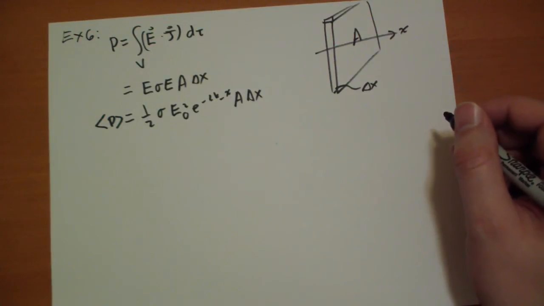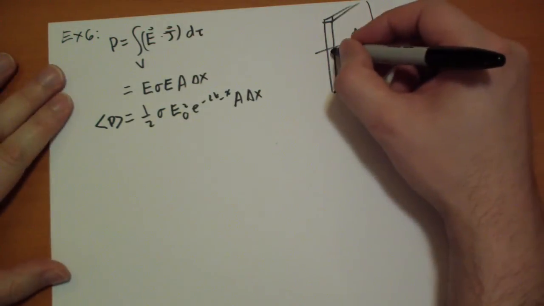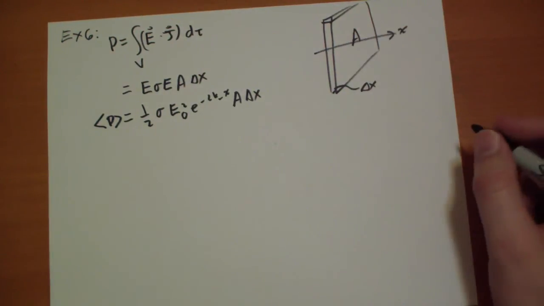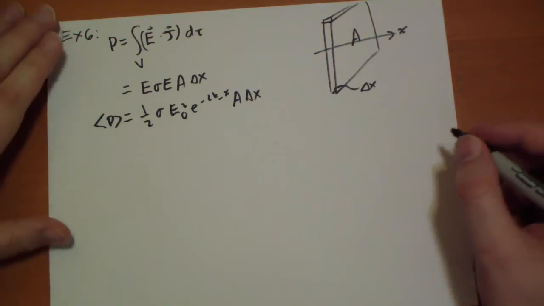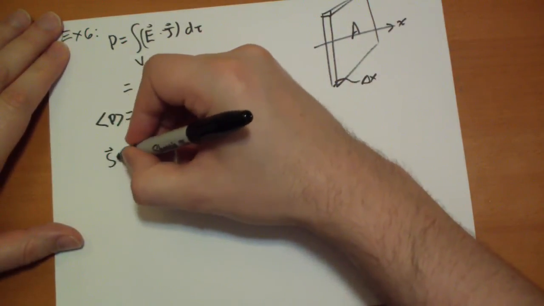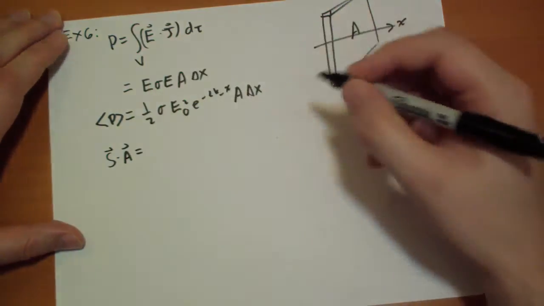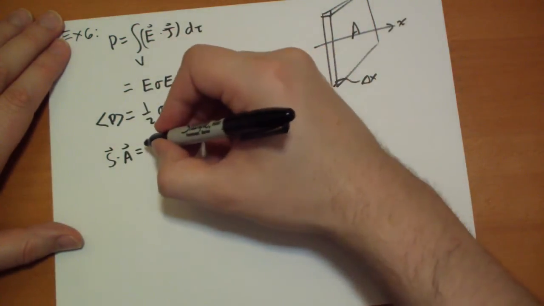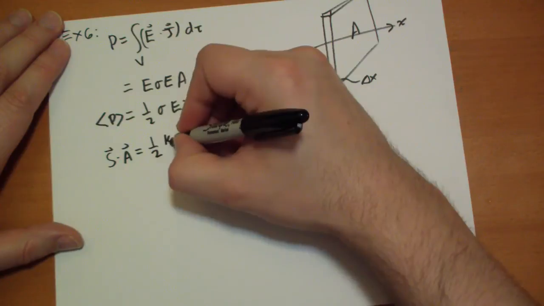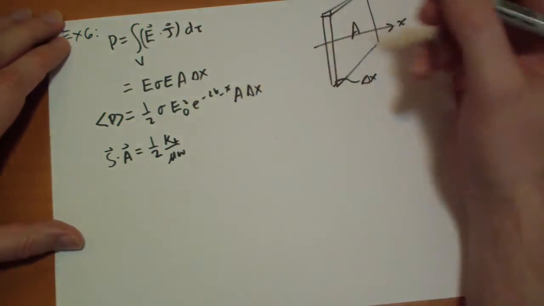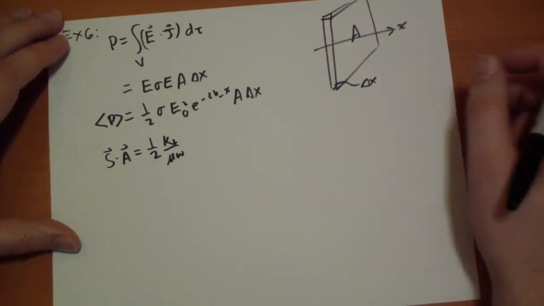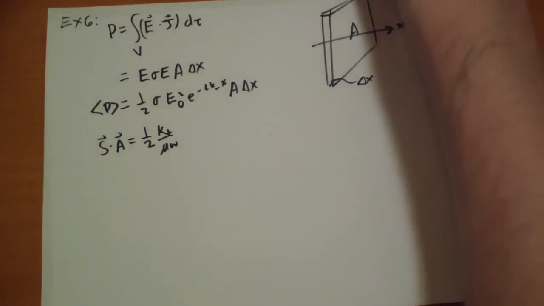What if we took the S vector on one side versus the S vector on the other side? Well, the S vector flowing on the inside times the area is going to give us 1/2 kappa plus over mu omega. Oh, that's right, I forgot an important thing here.